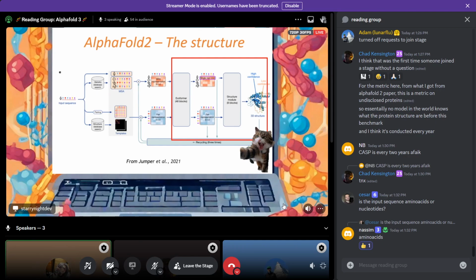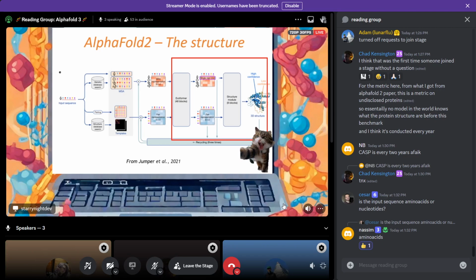I won't explain how it works specifically because it's too technical, but it compares and reiterates this predicted structure based on several iterations of MSA to pair representation comparison.